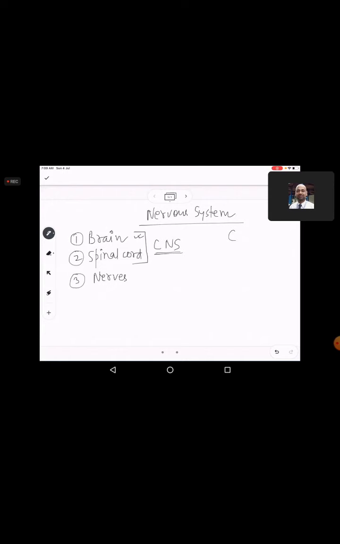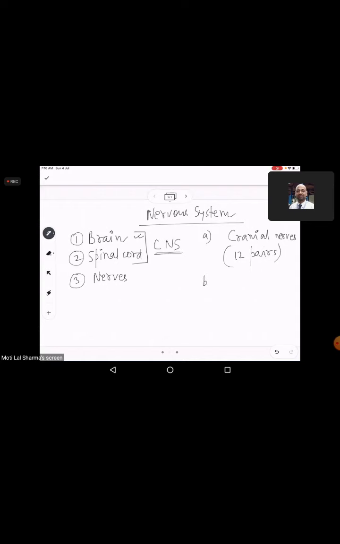And from our brain, whatever nerves originate are called cranial nerves. These cranial nerves are 12 pairs in number, so you remember, and they originate from the brain. And from our spinal cord, again, nerves originate.